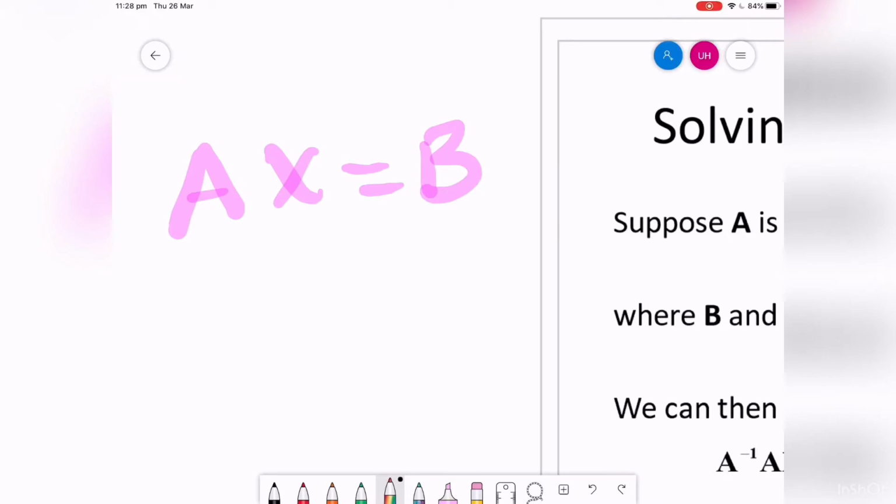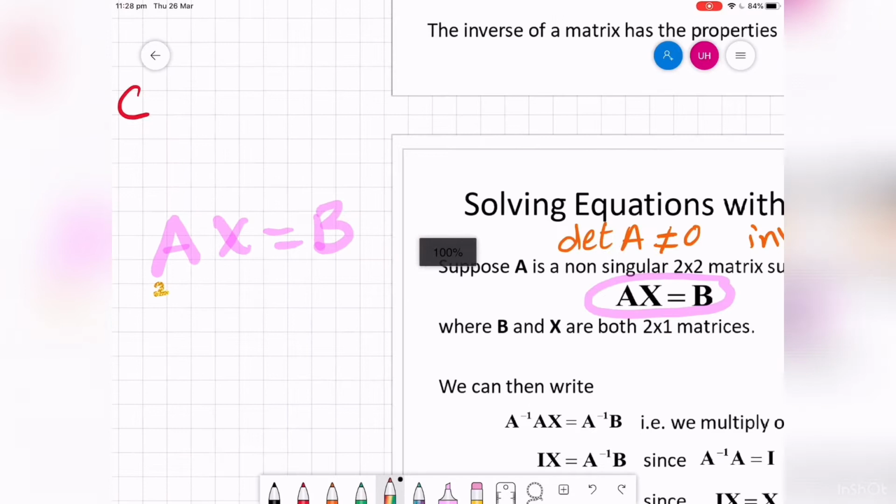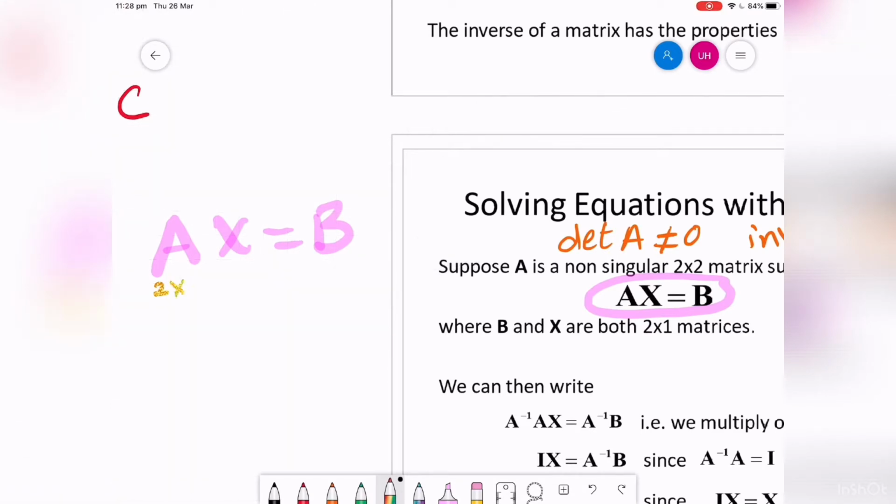So if A is 2 by 2 and X is 2 by 1, because these two middle numbers are the same, that means we can multiply them, and the product is going to be given by these outside numbers, the number of rows of A and the number of columns of X. So the result, B, is going to be 2 by 1.